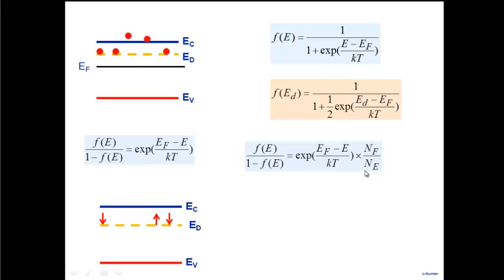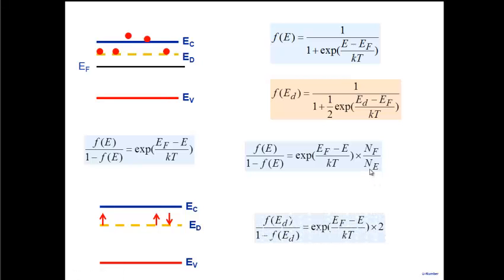When the Fermi-Dirac distribution was derived, these differences were not taken into account. There are two distinct ways in which you can fill it, and therefore filling becomes more probable. There are two ways to fill, and only one way to take it out. So we have to add that here. The number of ways in which you can fill is 2, and the number of ways in which you can empty is 1.